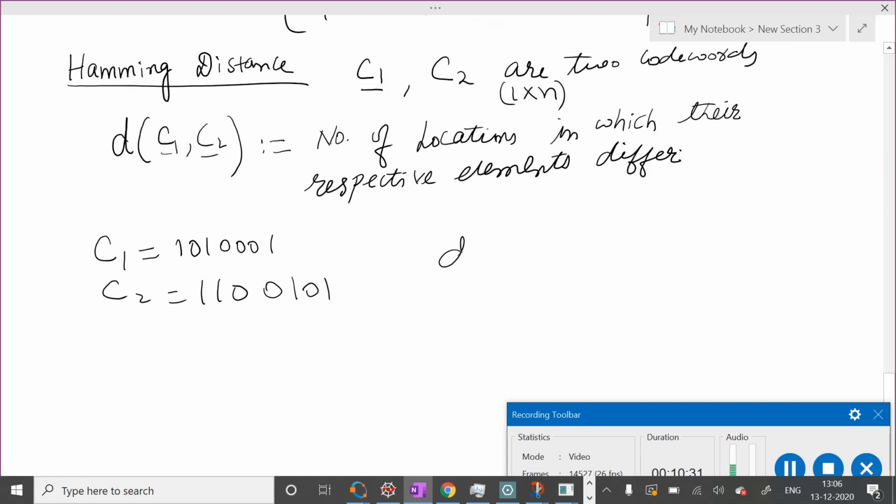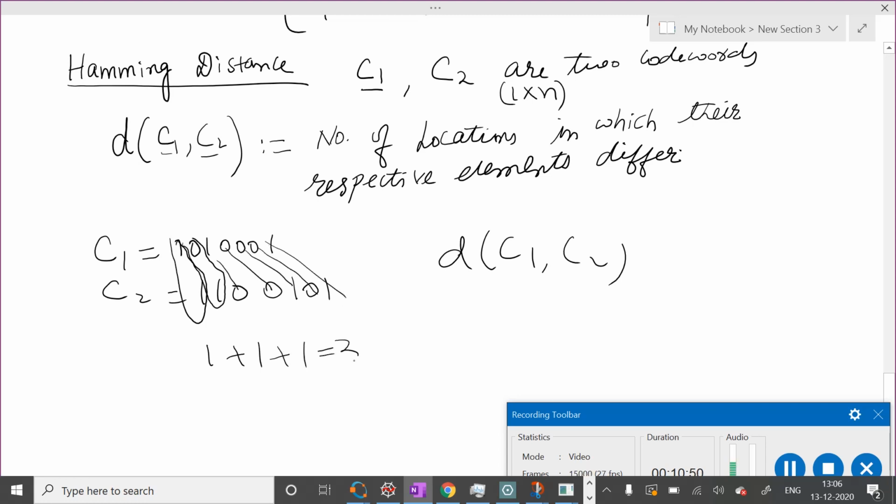Now what is d(C1, C2)? At the first location 1 and 1, it doesn't differ. At the second location they differ, so 1. Third location also they differ, plus 1, then same, then again they differ, plus 1, then same and same, so 3. So the Hamming distance is 3, because at 3 locations these two code words differ.